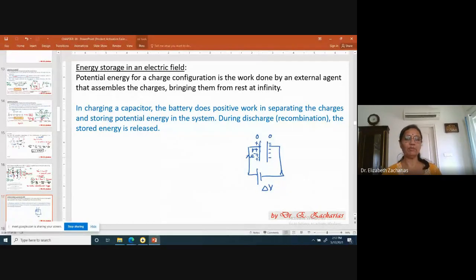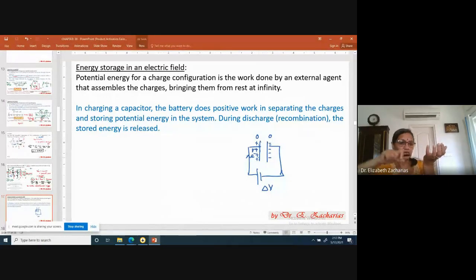In mechanics, do you remember one definition of work done? Work done is a way of putting energy into a system. Do you remember this? For example, I have a block sitting on a table. It is at rest.